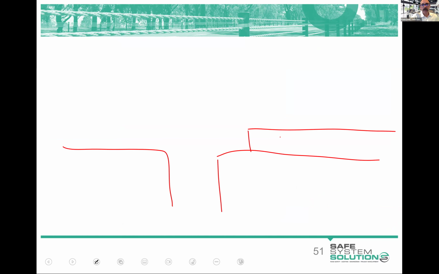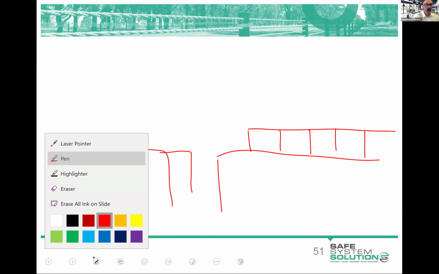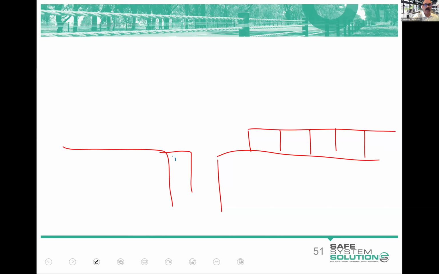So let's take that job Jamie used, and we'll just unpack some of those ideas that you came up with. Okay, so we're concerned here, we don't have the sight distance that we want. We've calculated our sight distance requirements and we don't meet it.